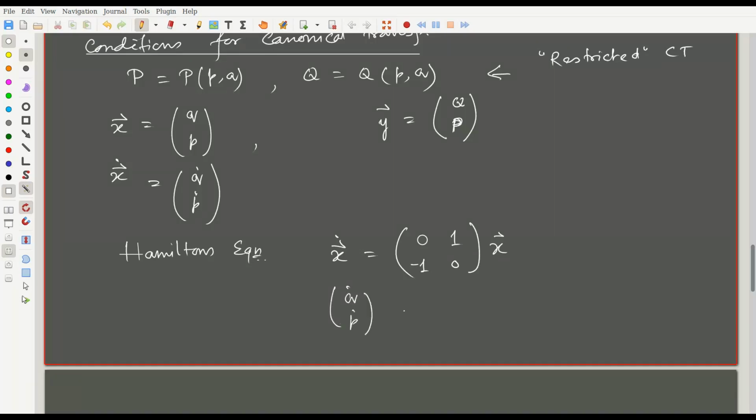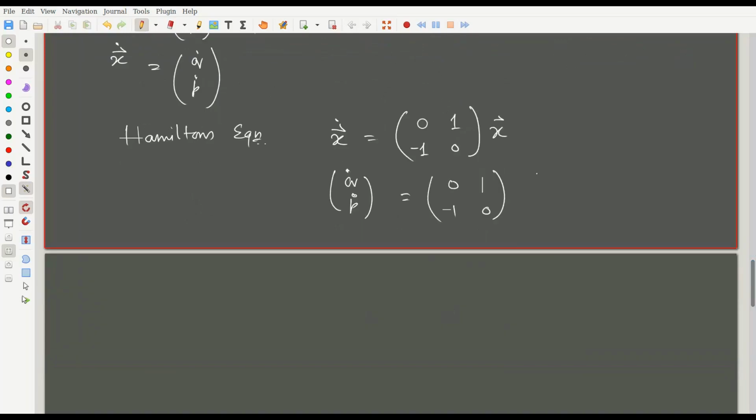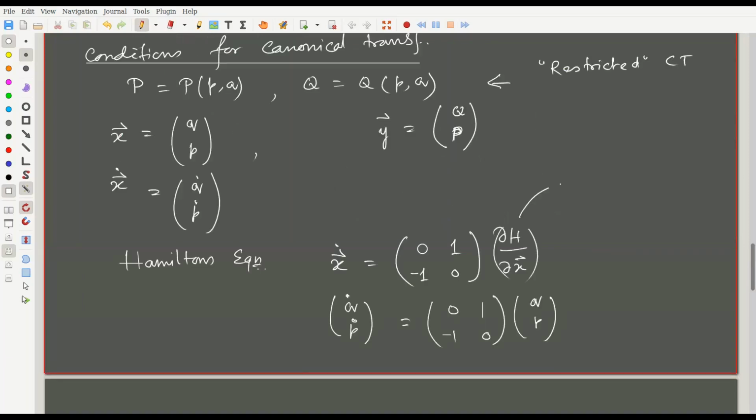So q dot, p dot becomes 0 1, minus 1 0, times del h del q, del h del p.